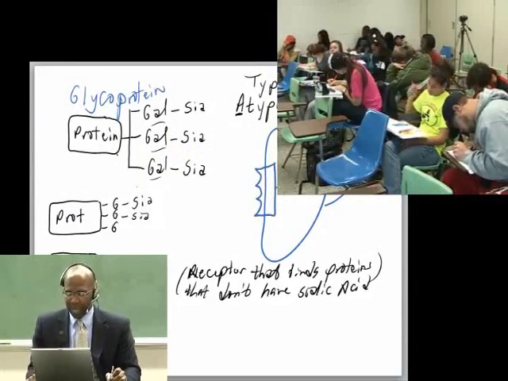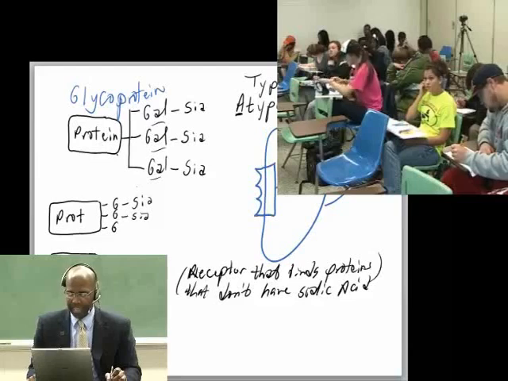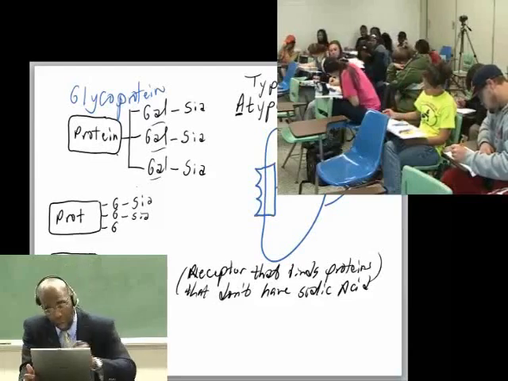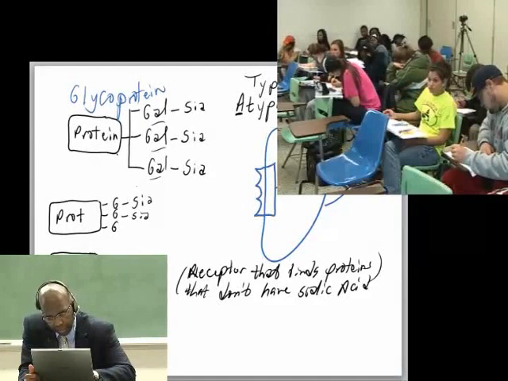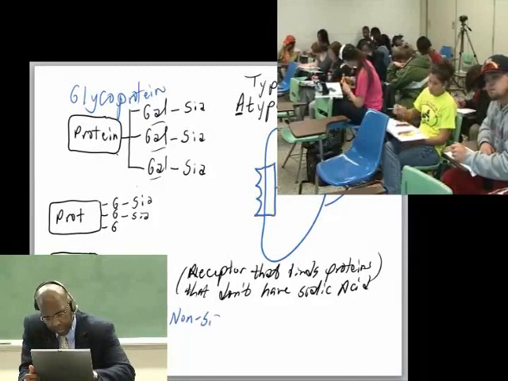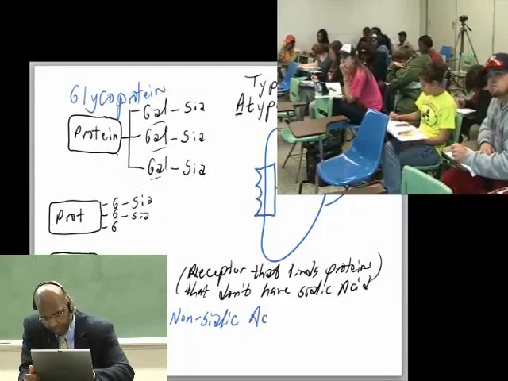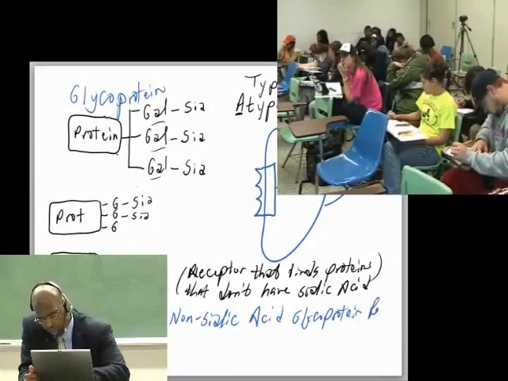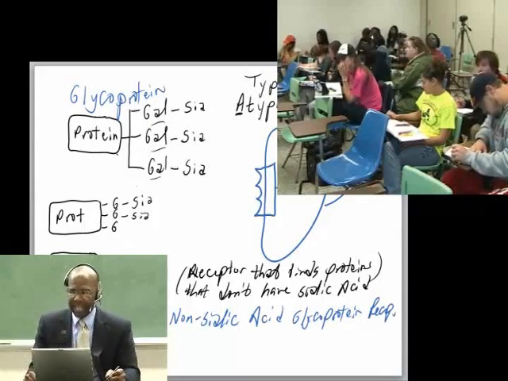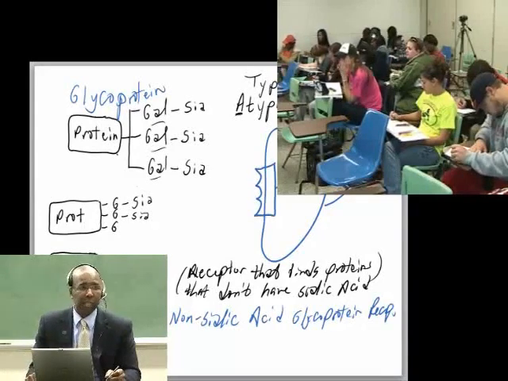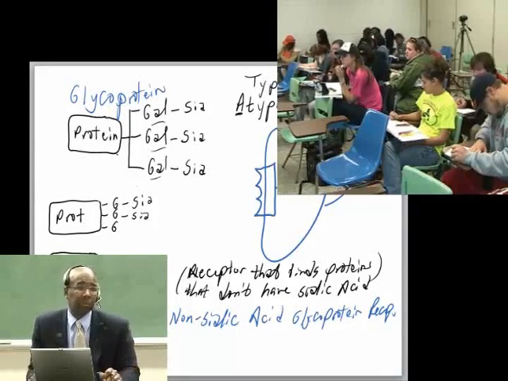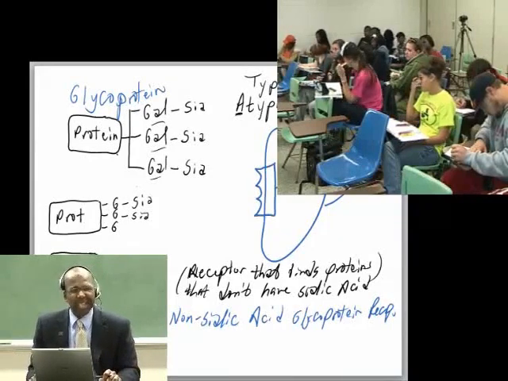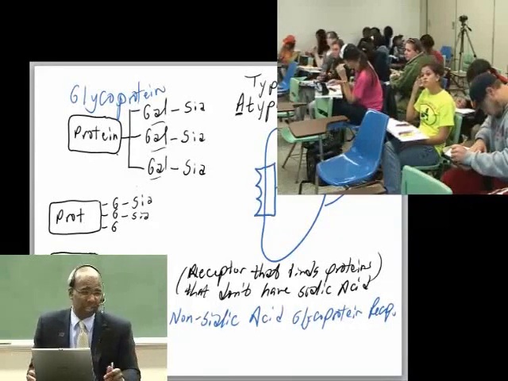Okay, receptor that binds proteins that don't have sialic acid. We could also call this the non-sialic acid glycoprotein receptor. Is that a good name? Yeah, it's an okay name, but it's still too long.